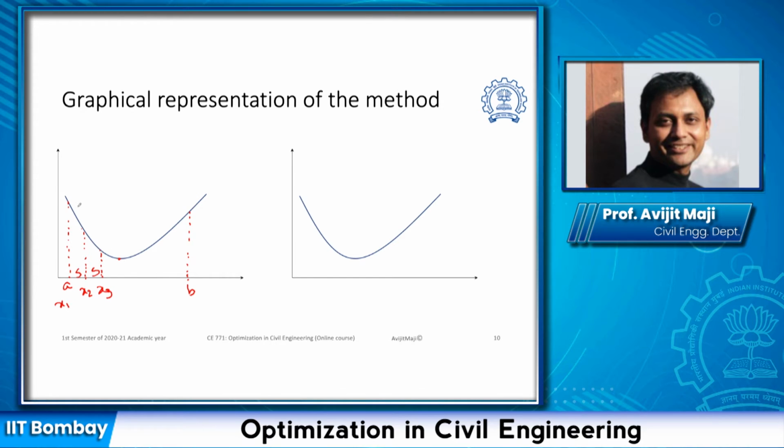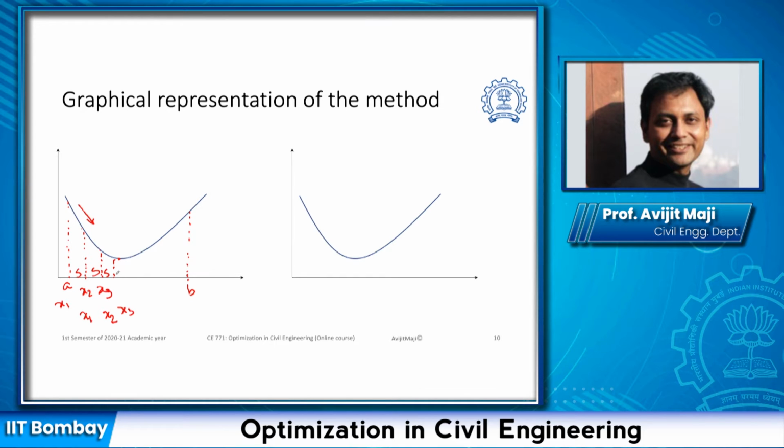When we compare the function values, we see it is reducing in all three cases. Then this point becomes x1, this becomes my x2, and a point here at distance S is going to become my new x3.